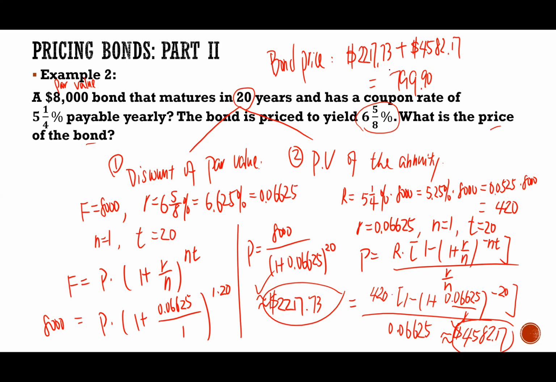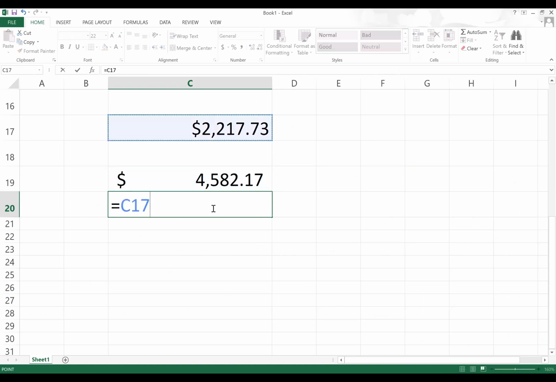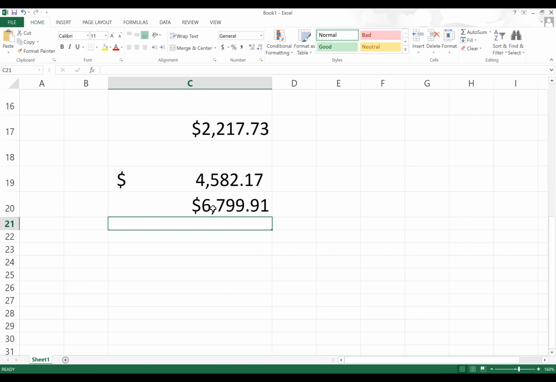This bond price is $6,799.90. Let's double check in Excel. I just combine these two amounts and you get the bond price. Yep, 6799.90. Yes, that's good.